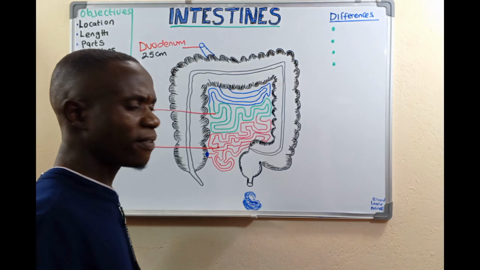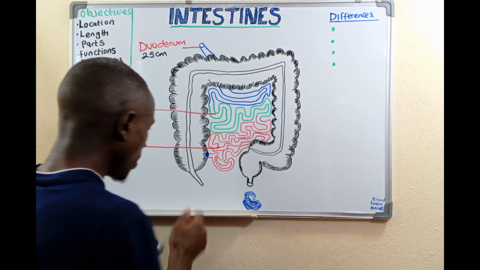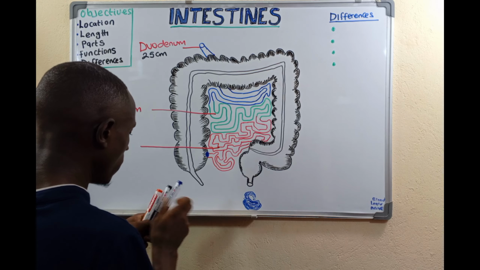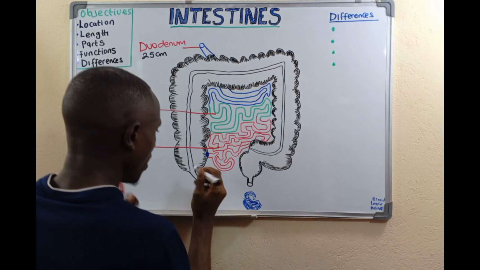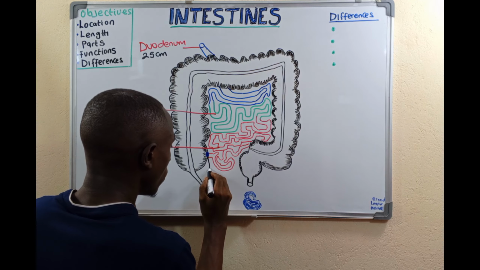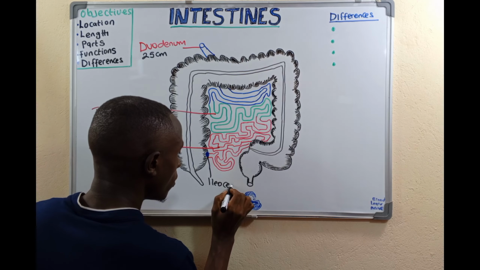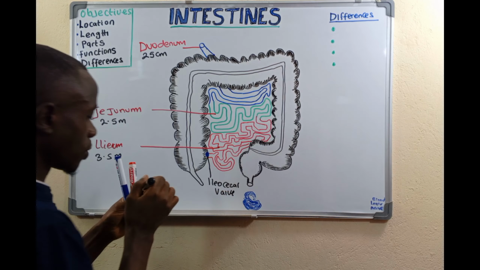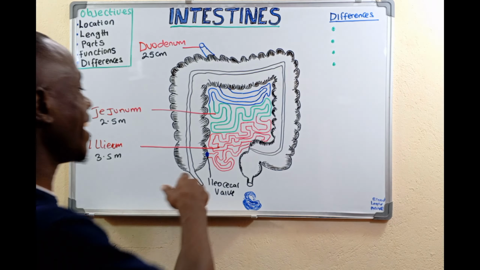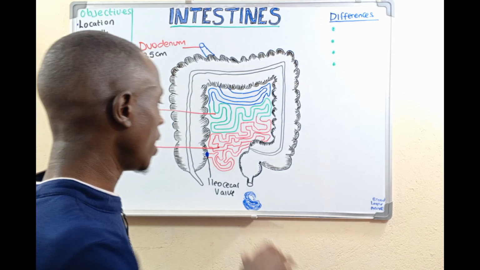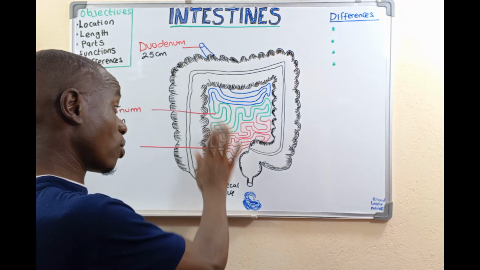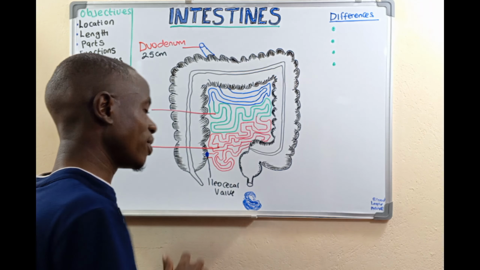You know how this valve is called? This valve is what we call the ileocecal valve. It regulates how much of the content leaves the small intestine into the large intestine.